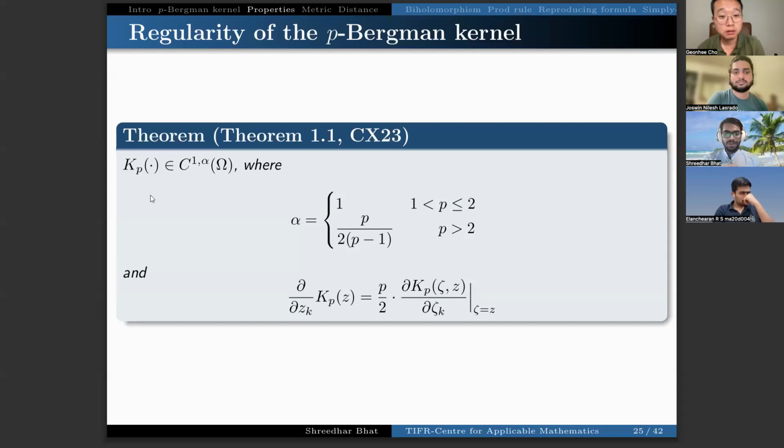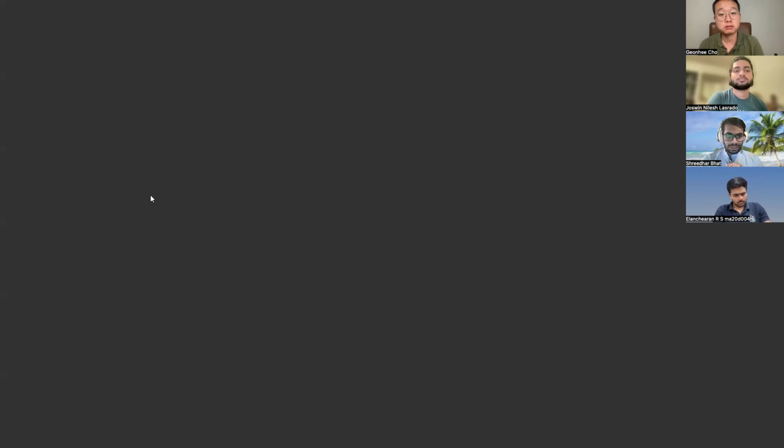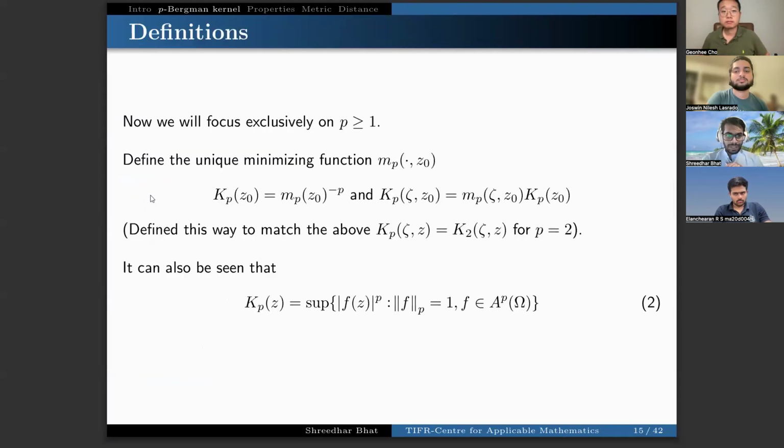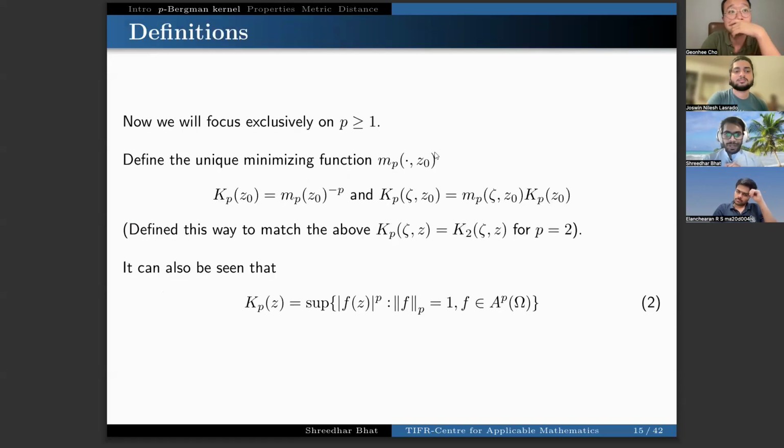Now, this is one of the important properties. So let me go back to where you define it. The way you define it is you're fixing the value of the function at z naught to be 1 and then minimizing the norm, right? So you don't know how well it behaves with respect to z naught.